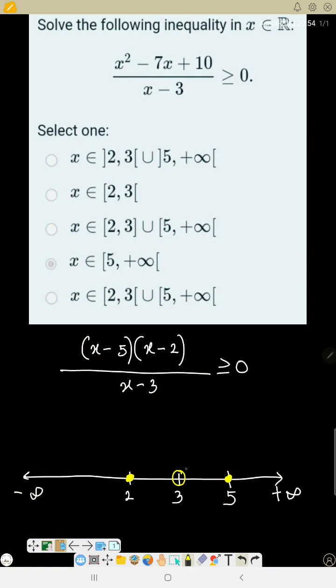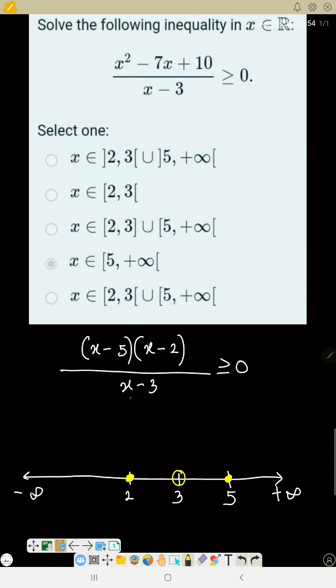So it won't be greater than or equal to. The number here cannot be equal to 3. So 3 is an exception in short.